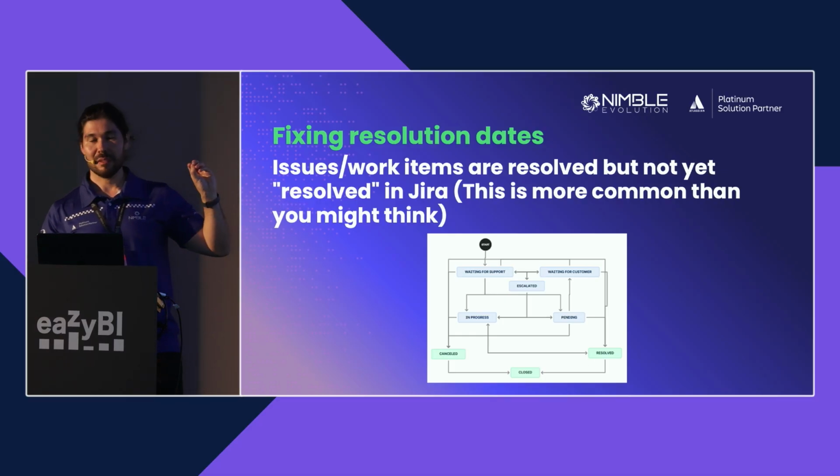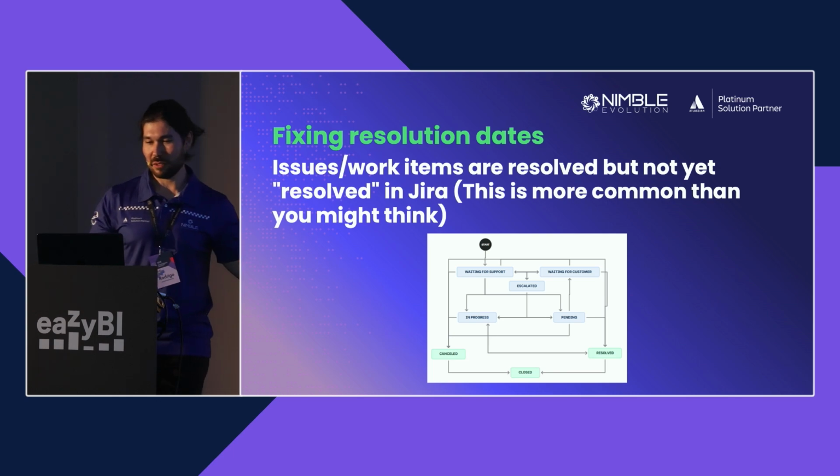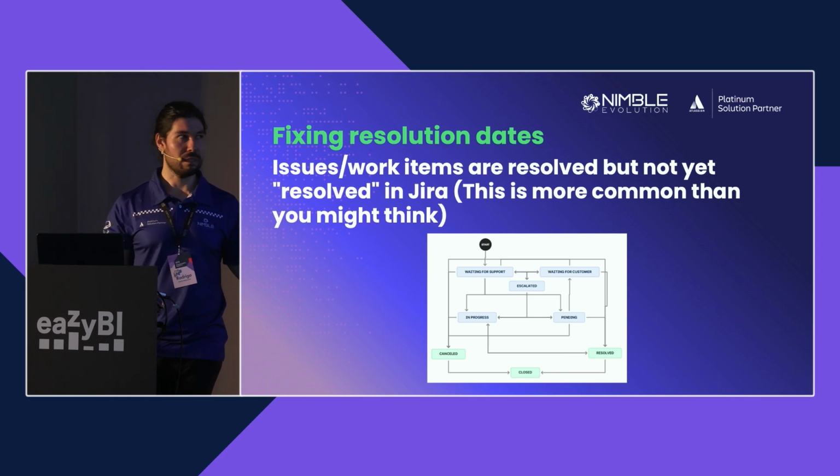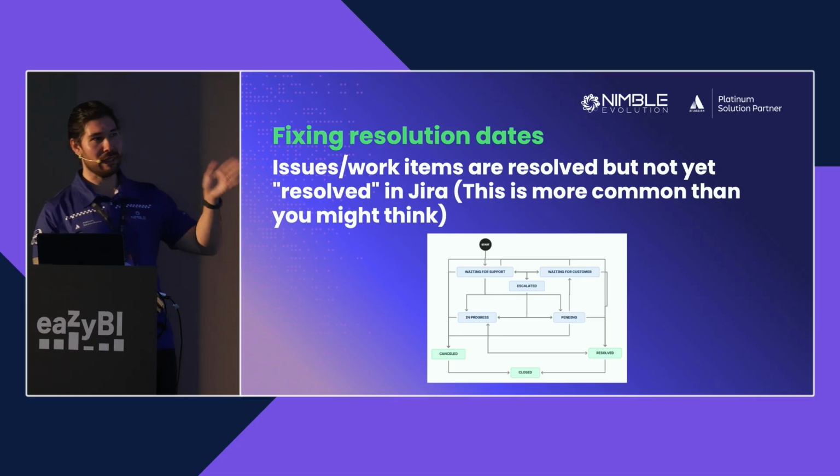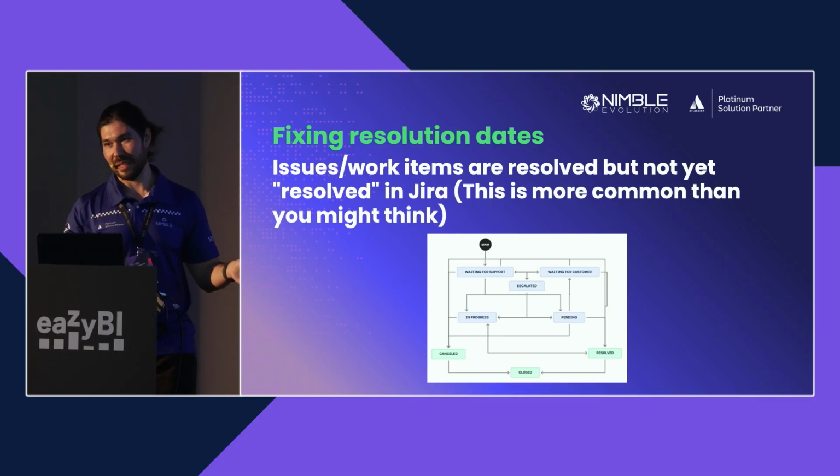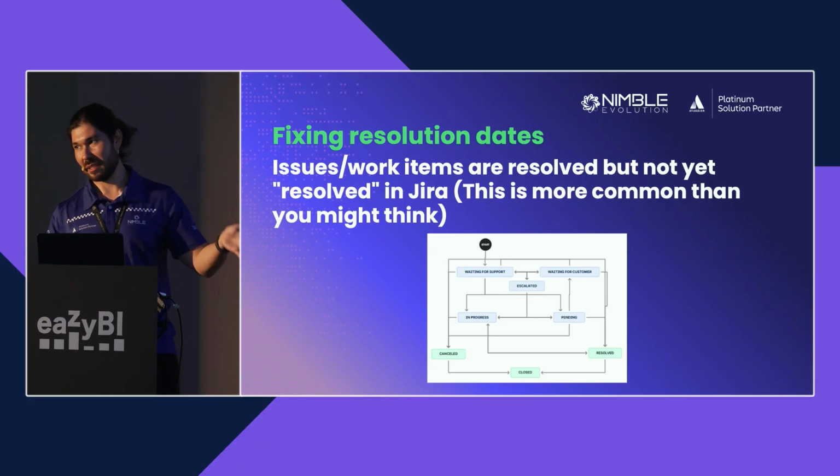When that happens, to fix it is easy. You just need to set a resolution for your issues, but the date that they were resolved will be the date that you fixed that. It will not be exactly the resolution date that it was supposed to be.